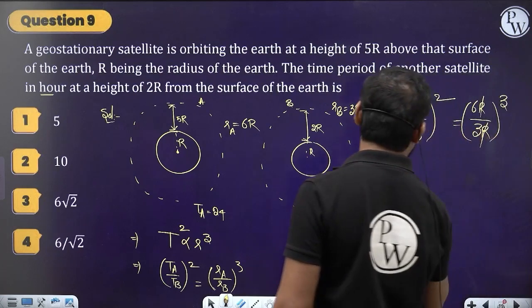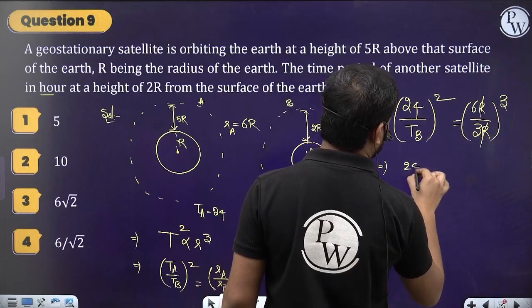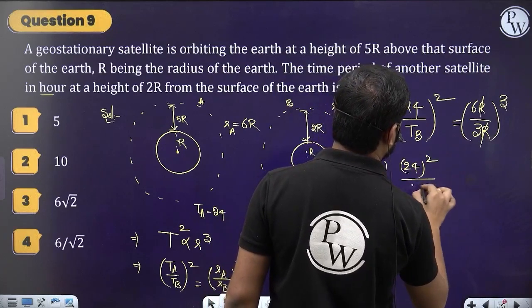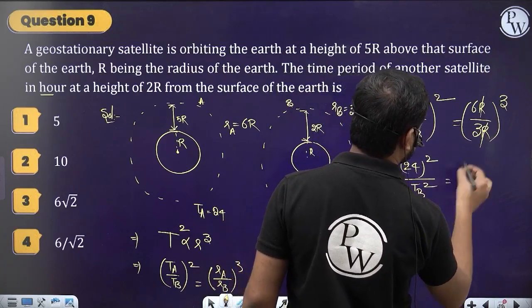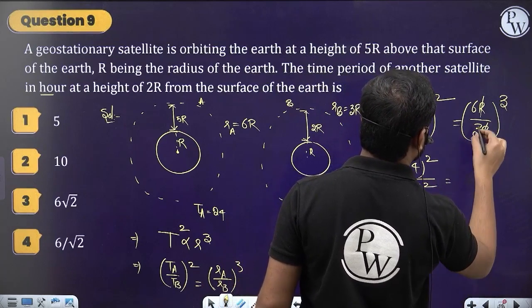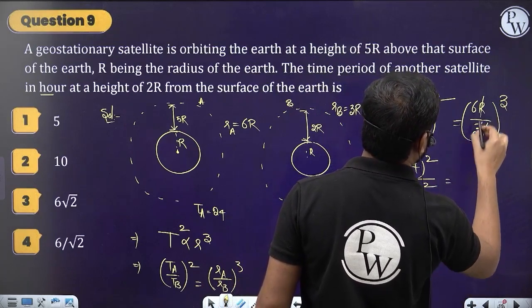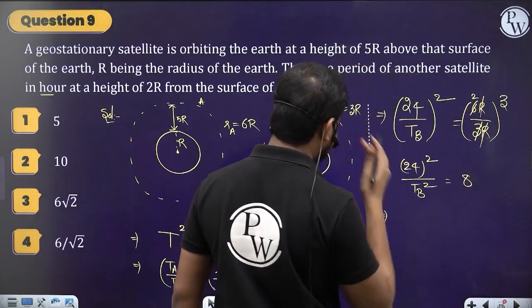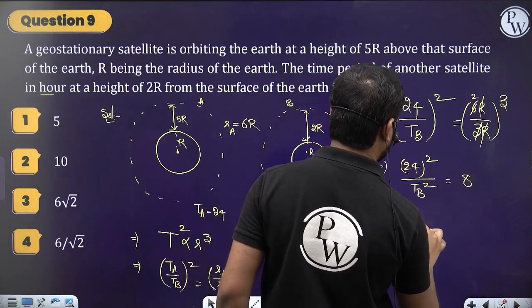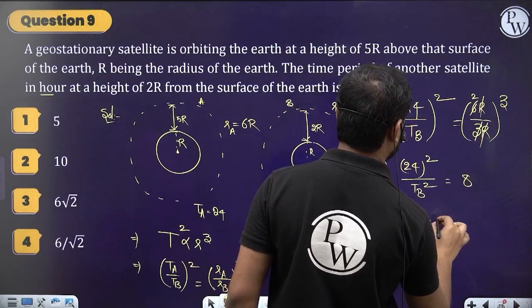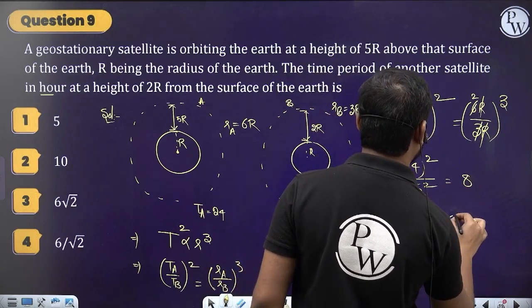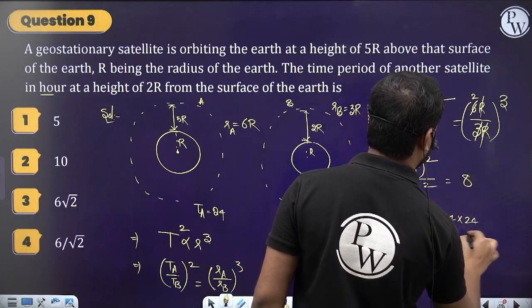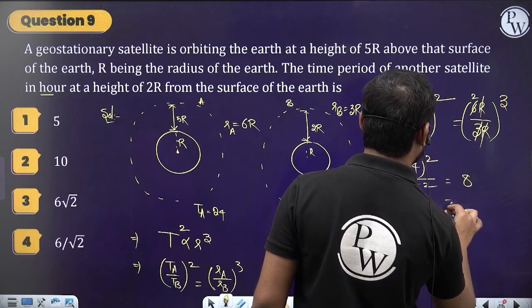So 24 square by TB square is equal to 6 by 3, which is 2, and 2 cube is 8.